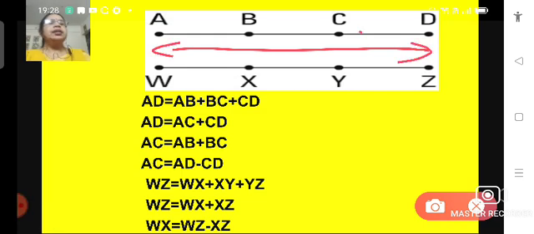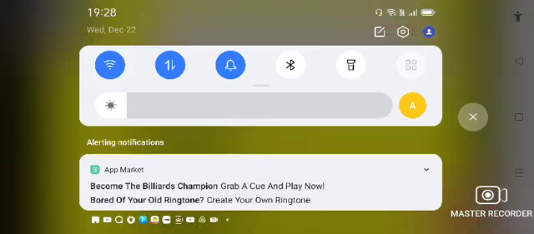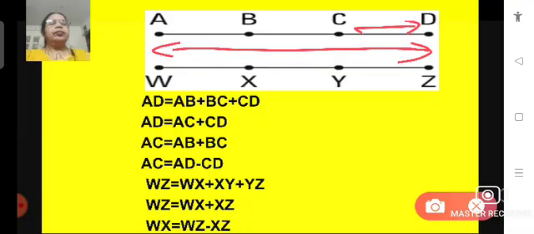If we take off CD from AD, then we get AC. So these are about this line segment AD.